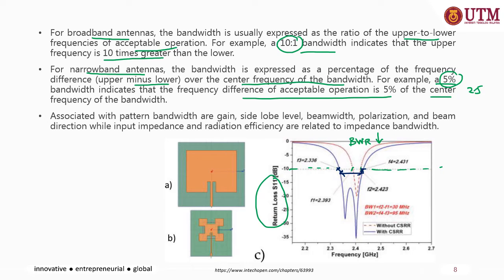We can see that the bandwidth for the blue lines is larger than the red lines. So this shows the comparison between the wideband and narrowband antenna design. The antenna usually will be designed depending on the targeted application. Some applications require larger bandwidth, and some may work using narrow bandwidth.